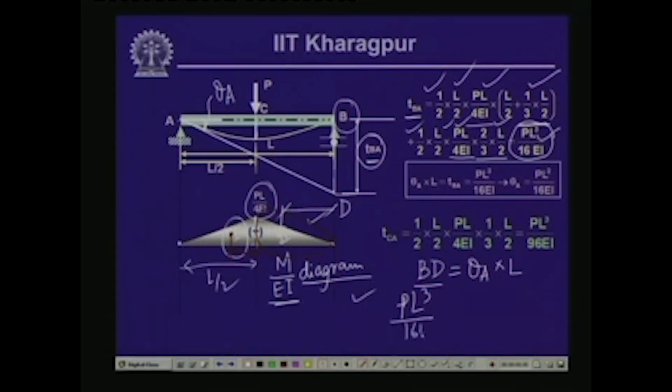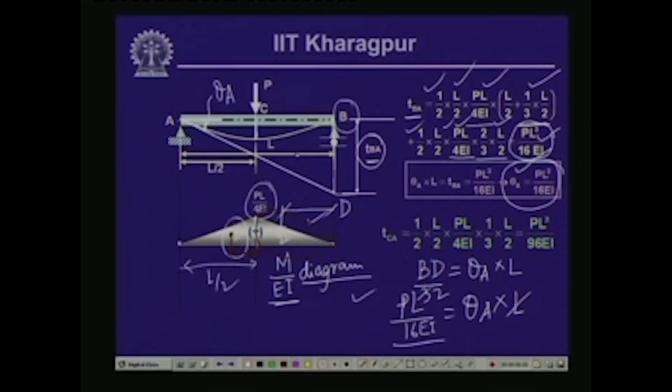This is equal to theta A multiplied by length L. So, theta A is nothing but PL square by 16 EI, and this is what is indicated over here. So, the value of theta A is PL square by 16 EI, and this we have seen earlier using the differential equation of the elastic curve.